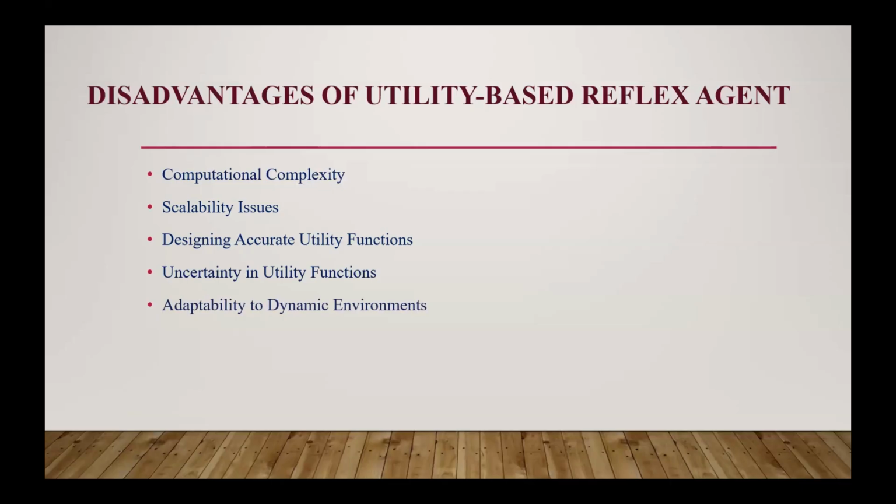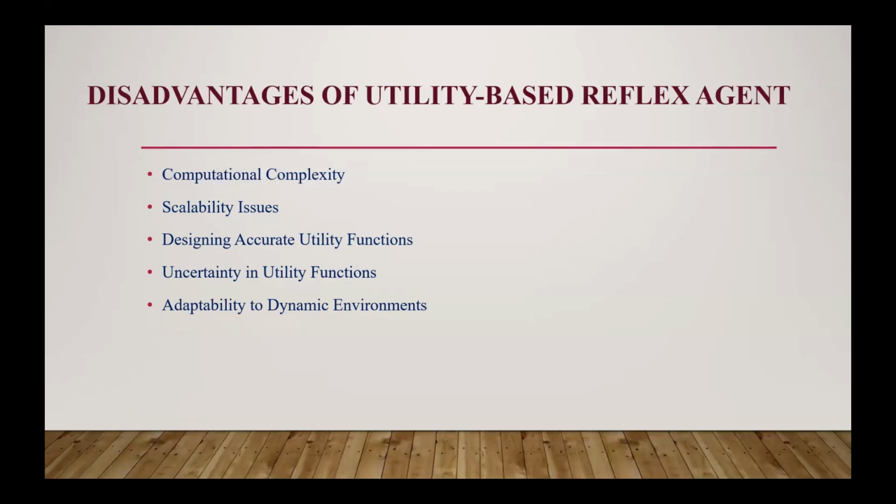Next one is adaptability to dynamic environments. Many real-world scenarios involve rapidly changing conditions. A utility-based agent needs to update its utility function and decision-making process in real time to remain effective. However, achieving this level of adaptability while maintaining stability and reliability is an ongoing area of research.